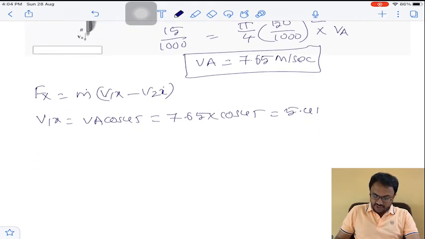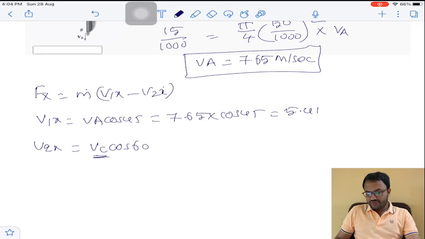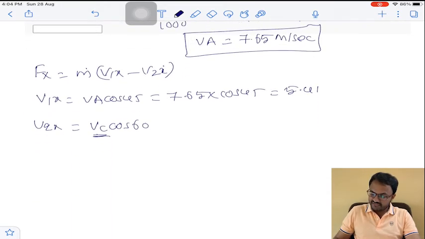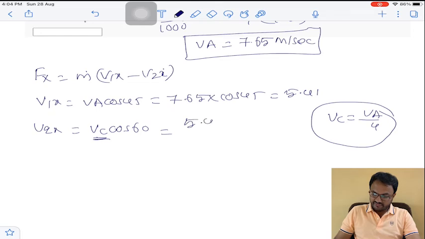And now, to calculate V2x is equal to VC cos 60. We do not know the value of VC, so he has given the information that 1/4 of the fluid is along C. As the diameter of the pipe is the same, discharge is only 1/4. When the discharge is 1/4, velocity will be reduced to 1/4. That is VC is equal to VA by 4. You need to note this point.